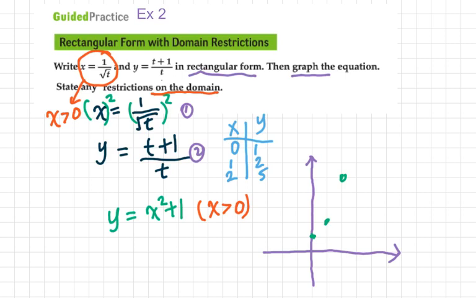Okay, then I sketch this graph. But since x is greater than 0, x cannot be 0. Therefore, we put an open circle over here.